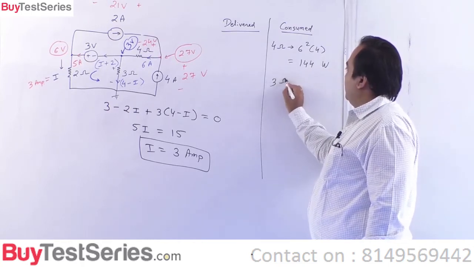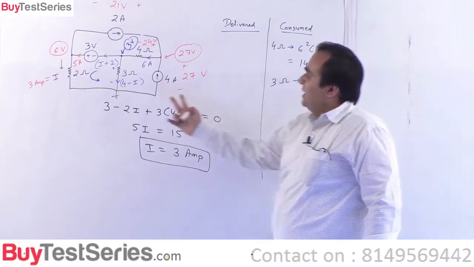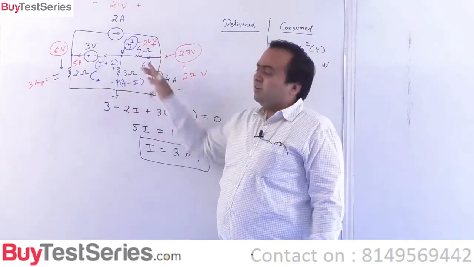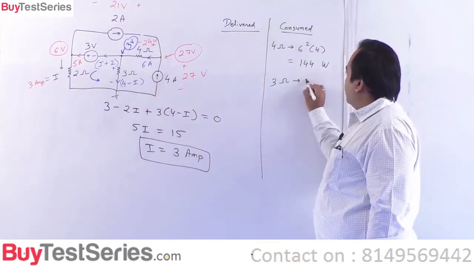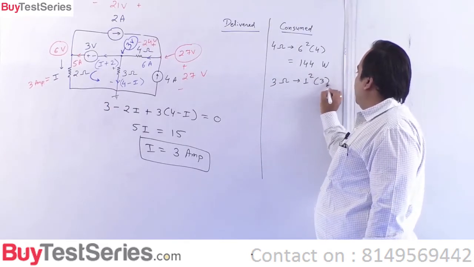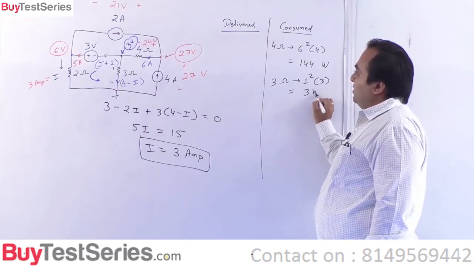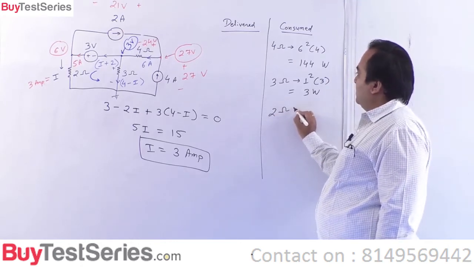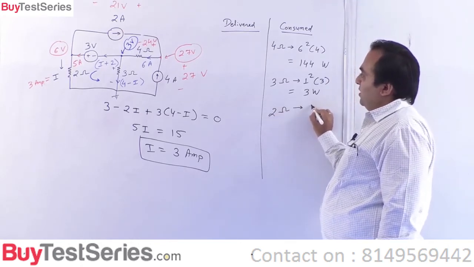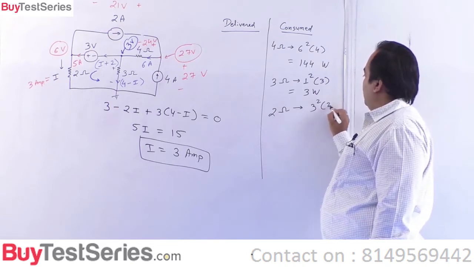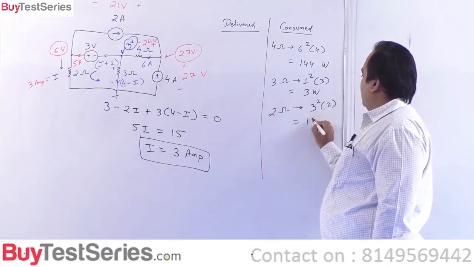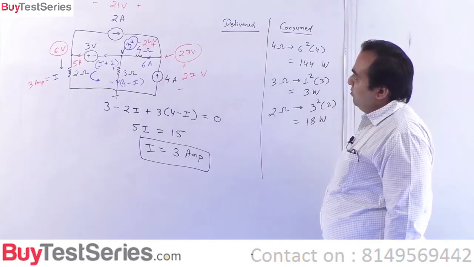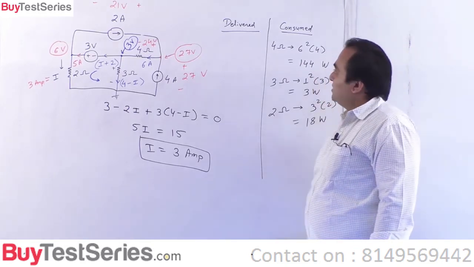If you see 3 ohm, 4 minus I is 1 ampere, so 1 ampere flowing through 3 ohm, this is 1 square into 3, that is 3 watts. For 2 ohm resistance, it has to be 3 squared into 2, 18 watts. So this finishes all the resistances.